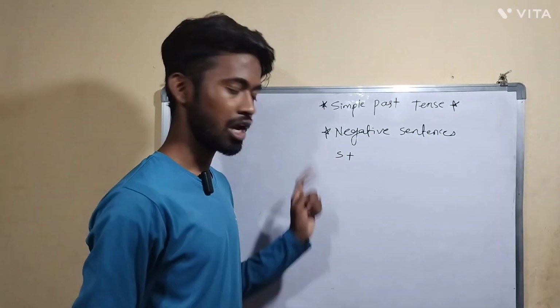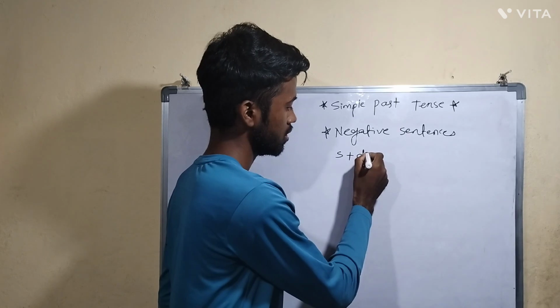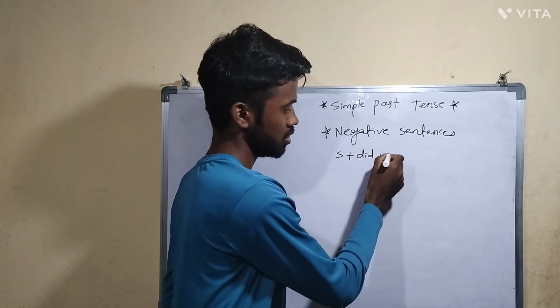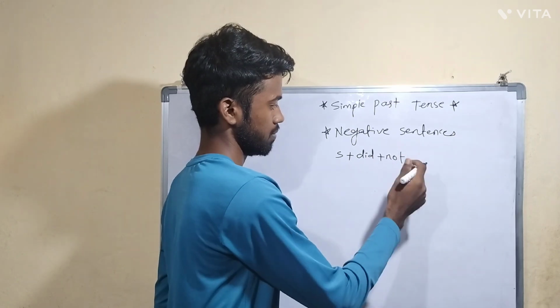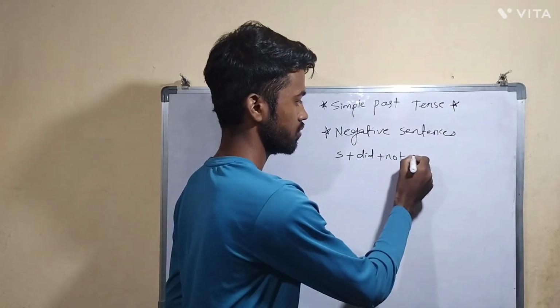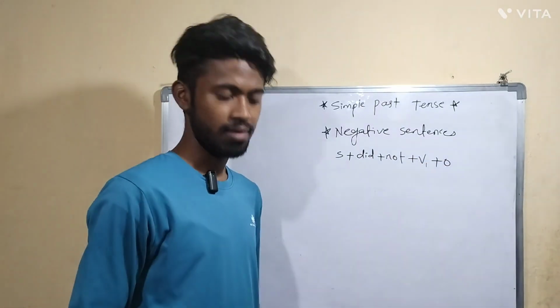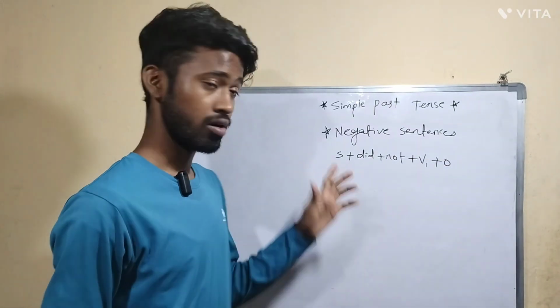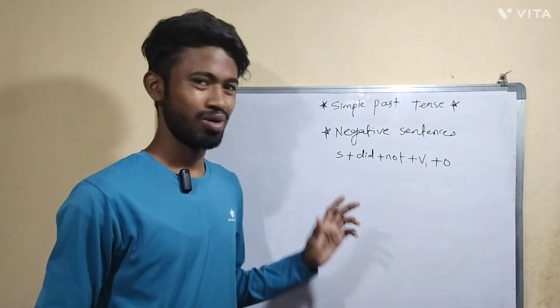After that, did will be there: did plus not, or you can say did not directly. So the structure is subject plus did not plus first form of verb plus object. Now it becomes a little bit long, right? Quite long. But it is not difficult if you understand properly.